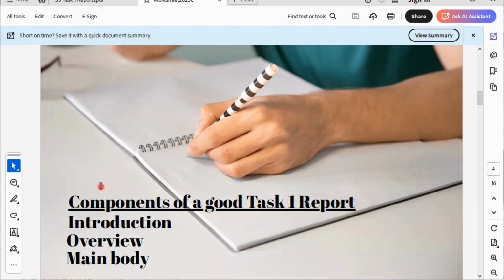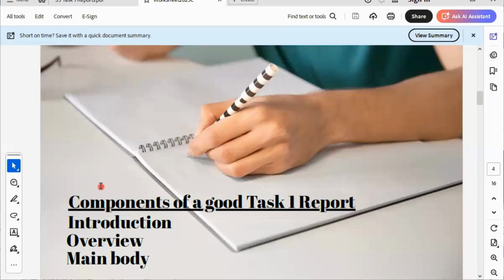The overview gives us an overall picture of what is happening. The overview is a kind of conclusion. The difference is just that a conclusion shows up at the end of your essay.